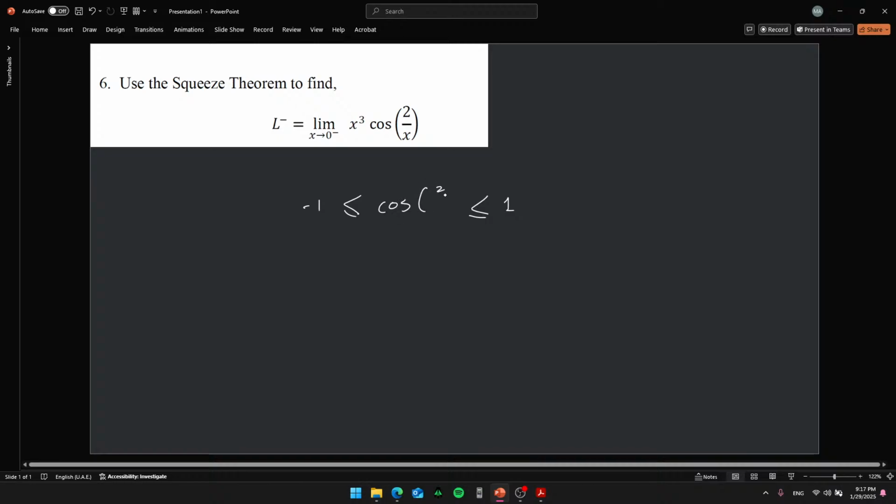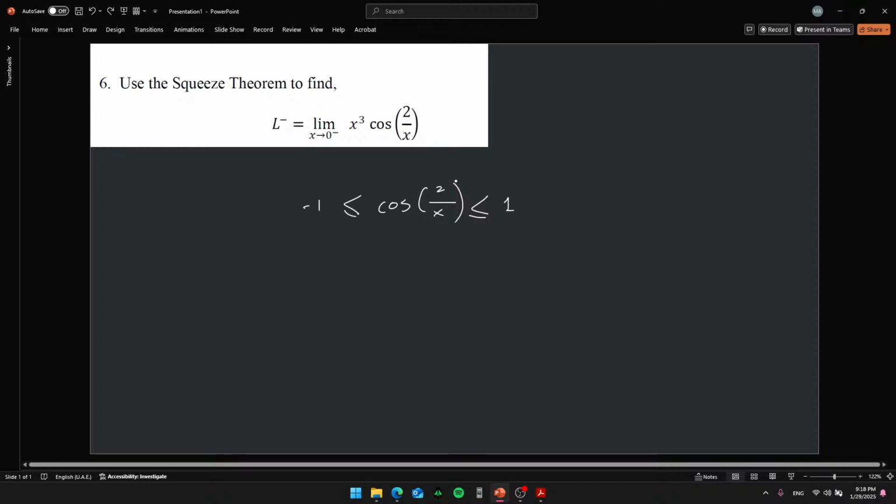Now, if the cosine is squared, then it won't start from -1. It will start from 0, and it will end on 1. But it's not squared, so from -1 to 1.